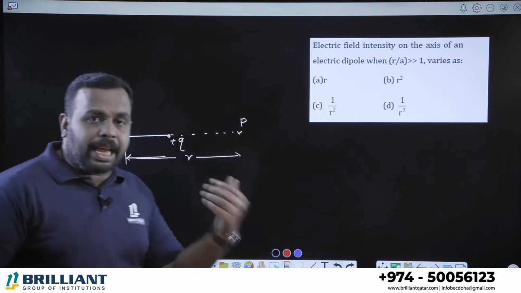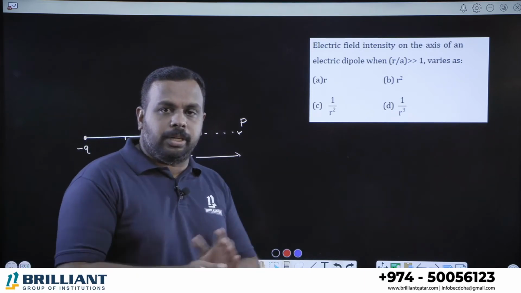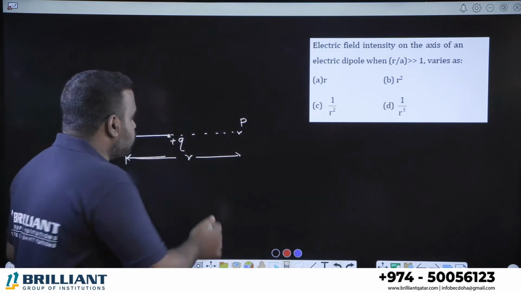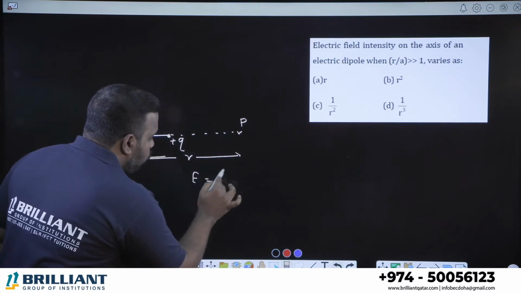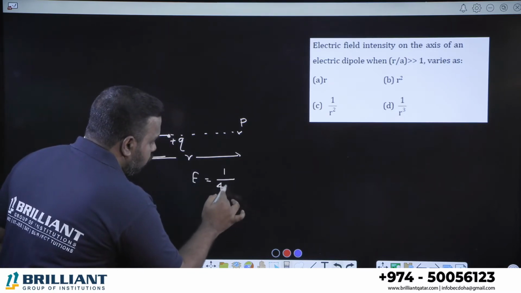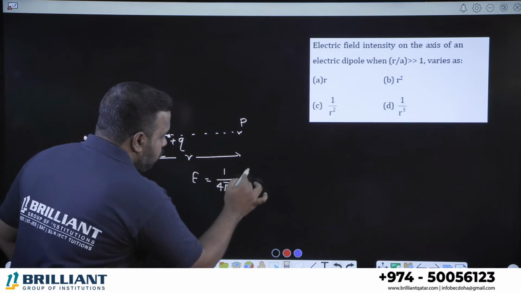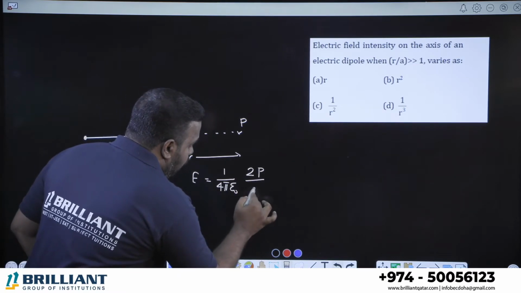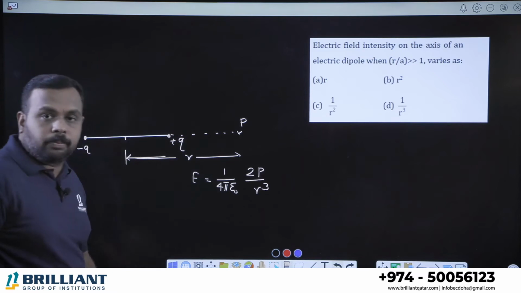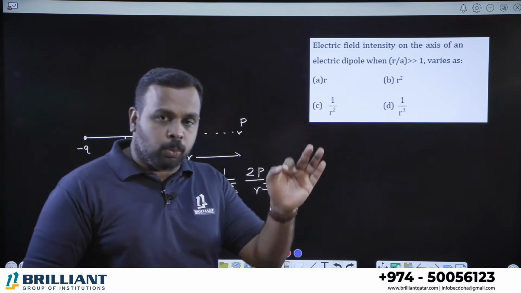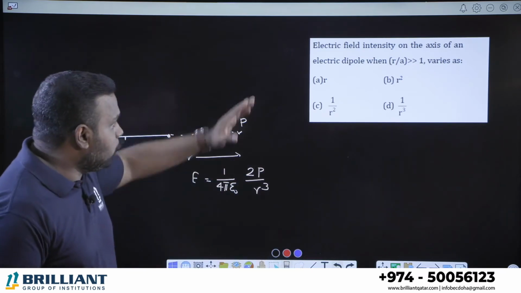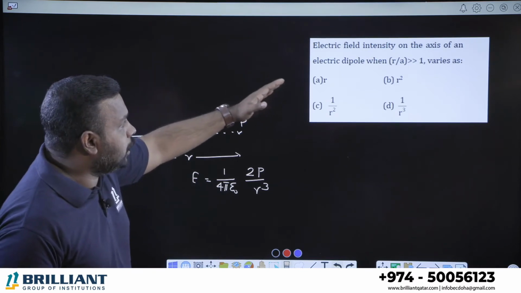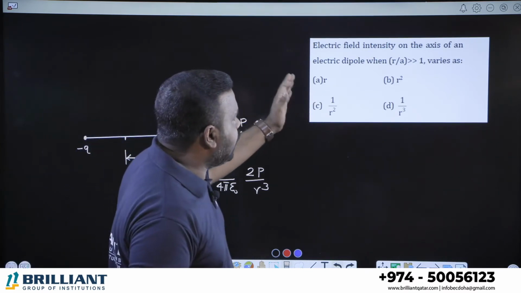We already calculated the intensity of electric field due to a dipole at a point on the axial line. What is the formula? E is equal to 1 by 4 pi epsilon naught into 2p by r cube, right? What is p there? P is the dipole moment. Now come back to the question. What they are asking is how the electric field on the axis of a dipole varies.